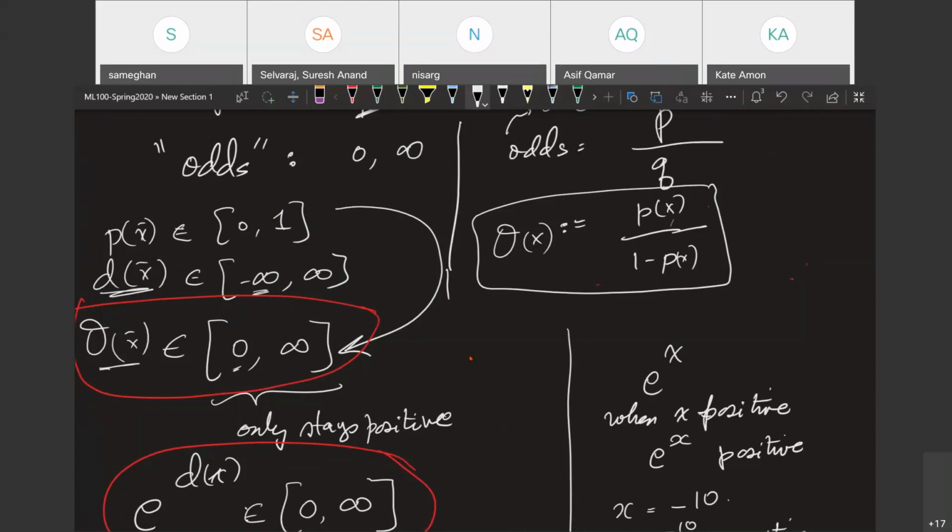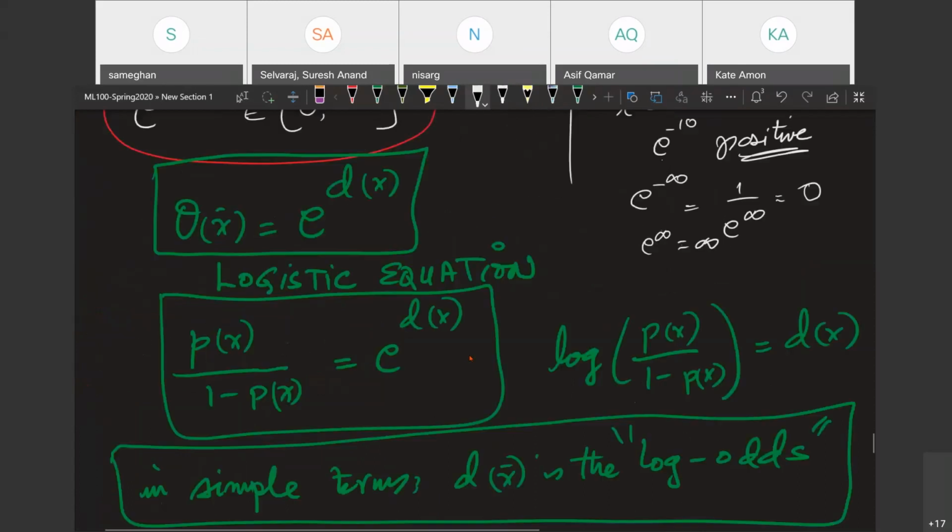Won't that affect the classification then? No, it doesn't affect the classification. Since you asked that question, it's a mathematical trick.